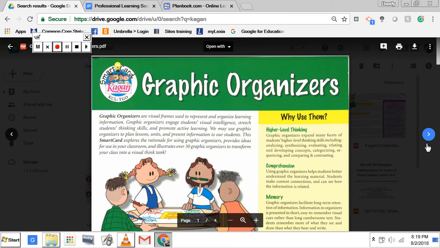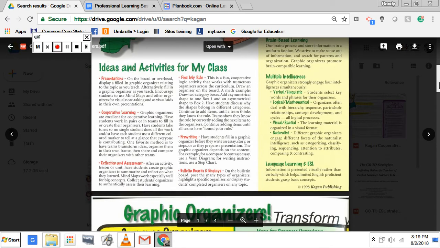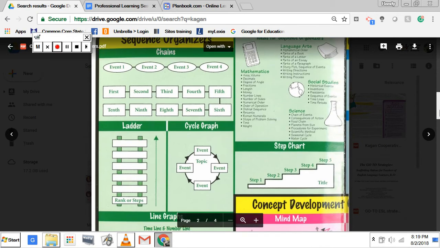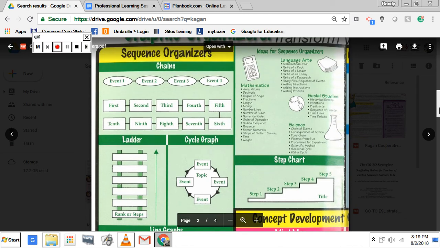Next up is graphic organizers. I feel like we've beat graphic organizers to death in the past, but I want to revisit them because the ones on this card are really interesting, and I think some of them are very, very well done. I like these ideas for graphic sequence organizers. I like that. I thought that was a good idea. I love the step chart.